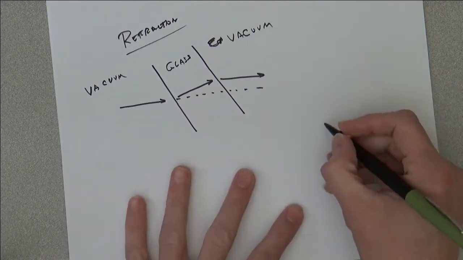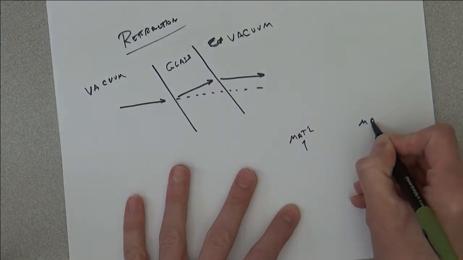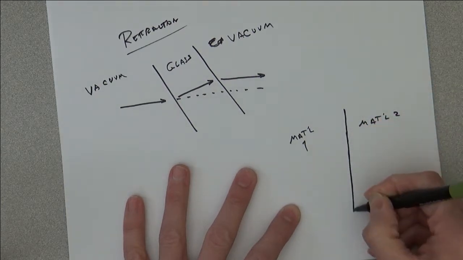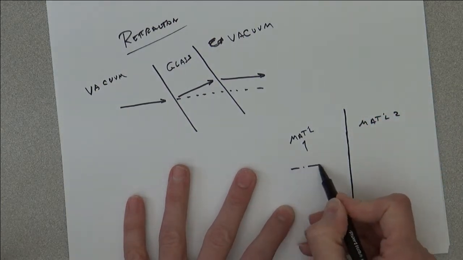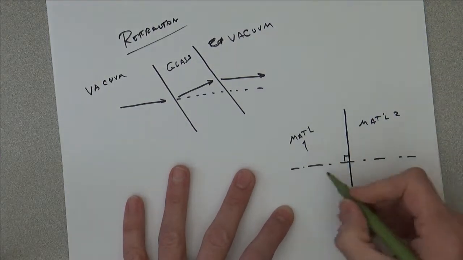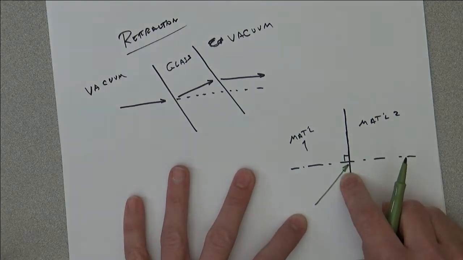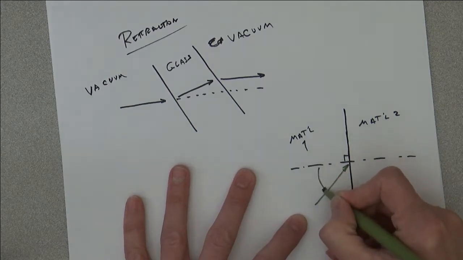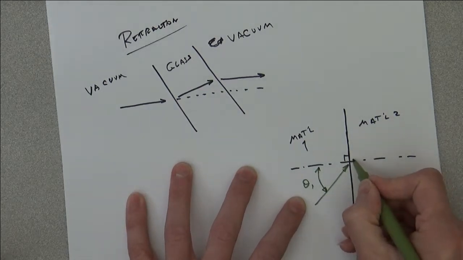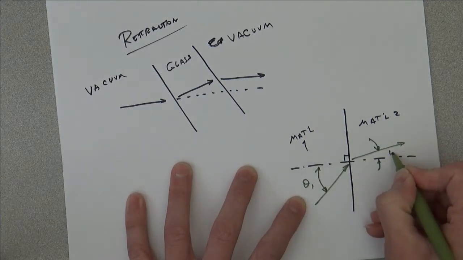So let's say I have some material, say 1, and material 2. Here's the interface between them, and I'm going to draw the normal to the interface. If I have an incident light source, that theta 1, the angle of incidence, and then comes off in that direction, call that theta 2.